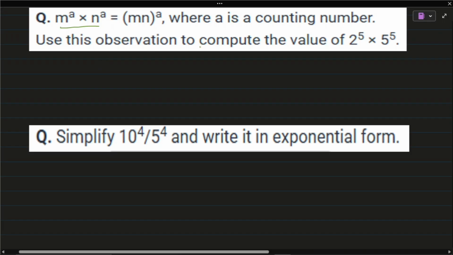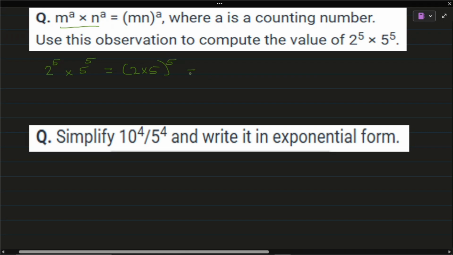Now use this observation to compute the value of 2 raised to 5 multiplied with 5 raised to 5. Here you can see the power is the same, so we can write it as a common power, that is 2 into 5 whole raised to 5.